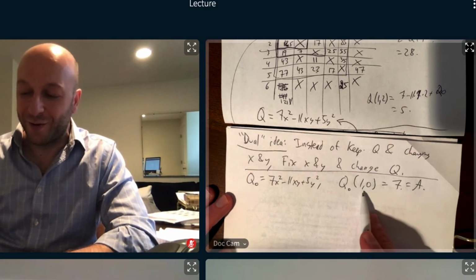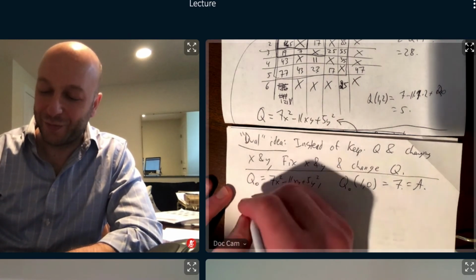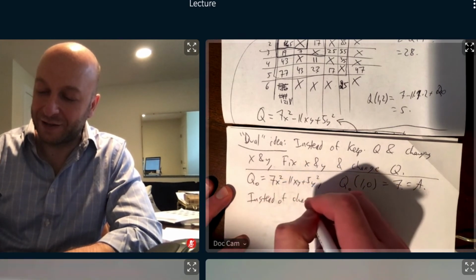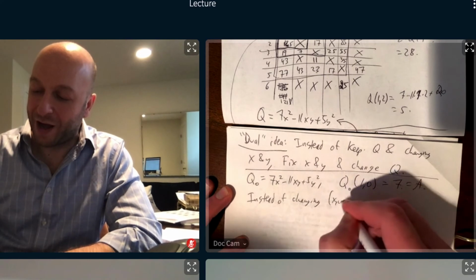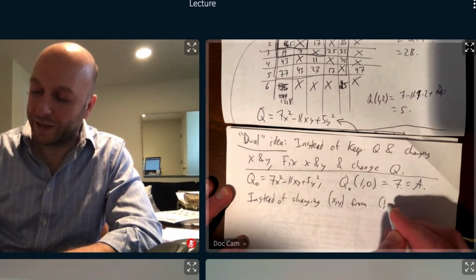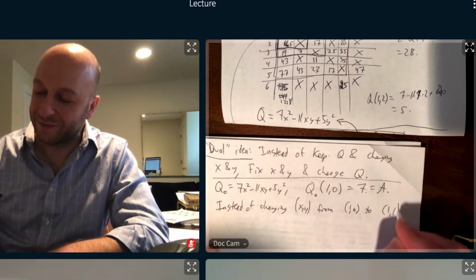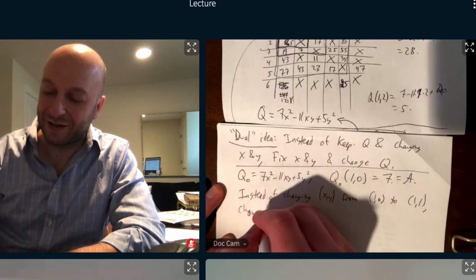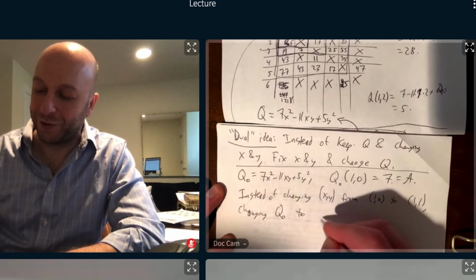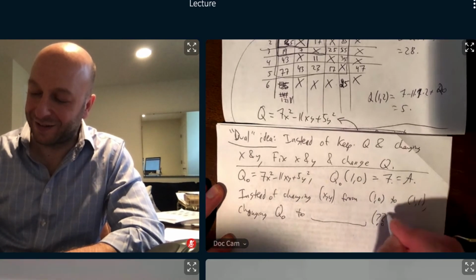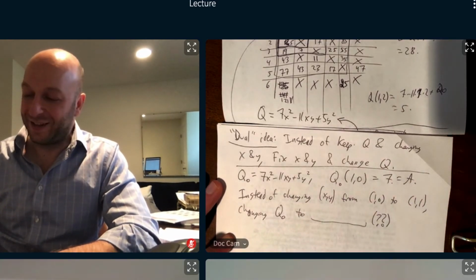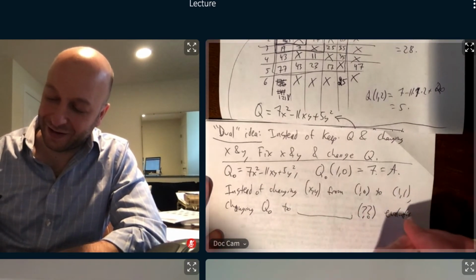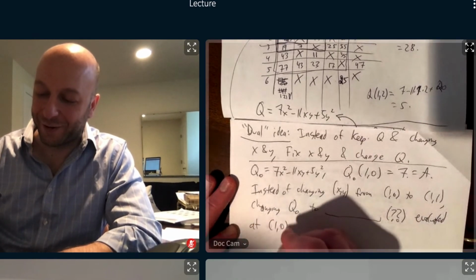So I want to know what is the form if, instead of changing xy from 1, 0 to 1, 1, I want to think about changing q0 to something else and evaluating it at 1, 0.